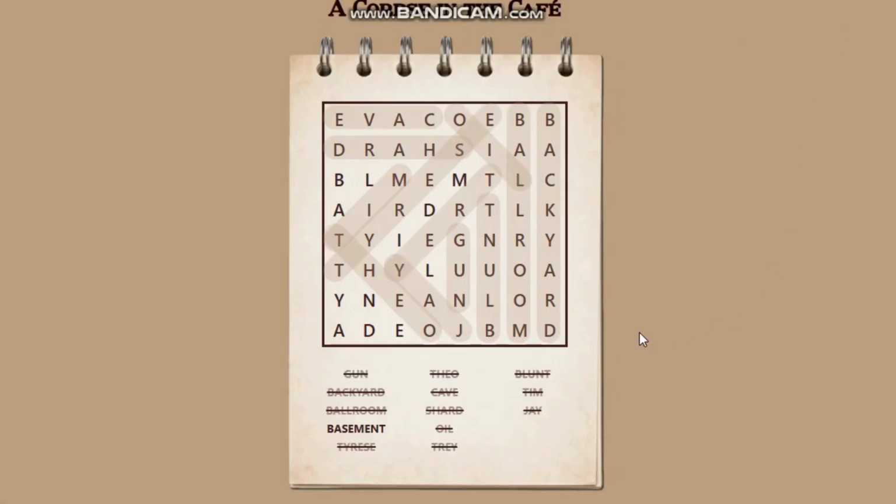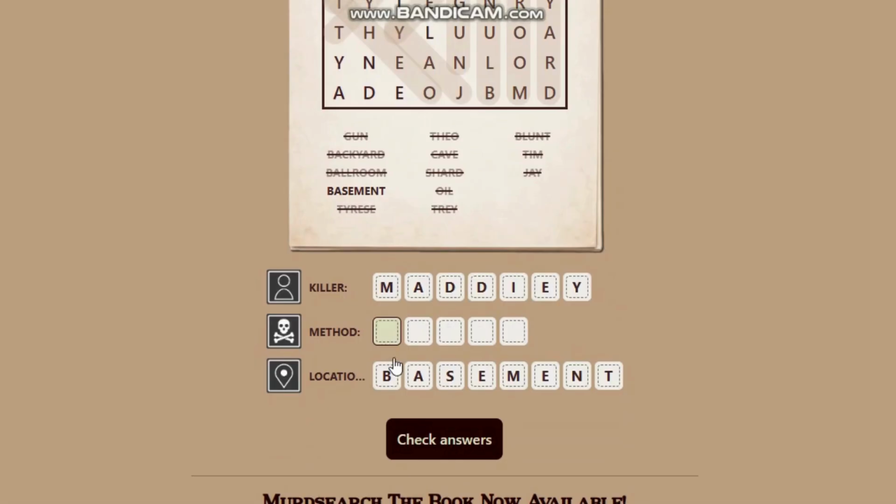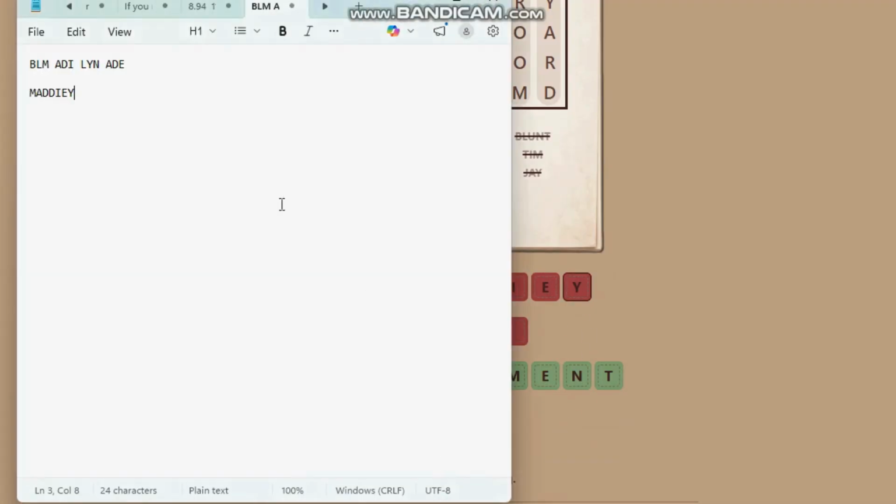Because it has 2 D's, the only thing I could come up with is almost like Maddie, but with a Y. You could also check your answer if it's correct, and obviously this is not the correct name. So I need to figure out the name that contains 7 letters, and also the method that contains 5 letters.